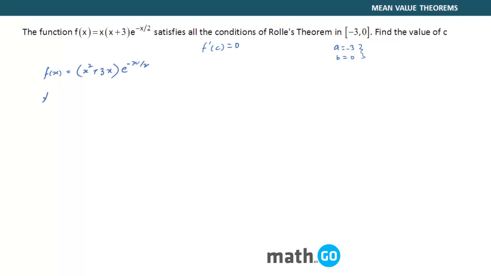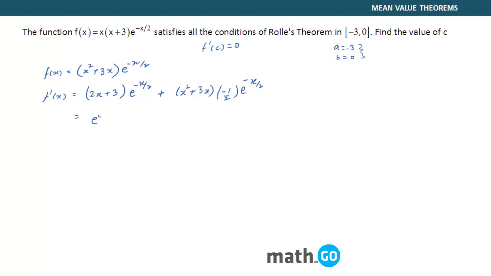Now if I have to differentiate, there are only two terms, so apply the product rule. It will become 2x plus 3, e raised to power minus x by 2, plus x square plus 3x. What is the derivative of e raised to power minus x by 2? It will be minus 1 by 2 e raised to power minus x by 2, right?